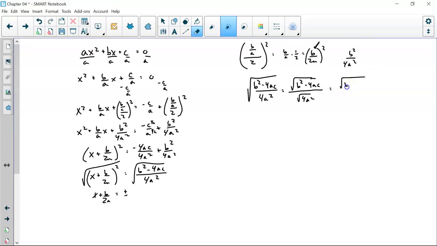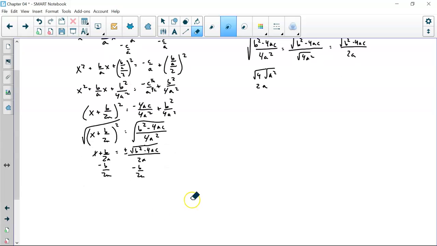So it's the square root of b squared minus 4ac over, and when we take the square root of 4a squared, we take the square root of 4 and the square root of a squared, that gives us 2a. So now I subtract b over 2a from both sides.